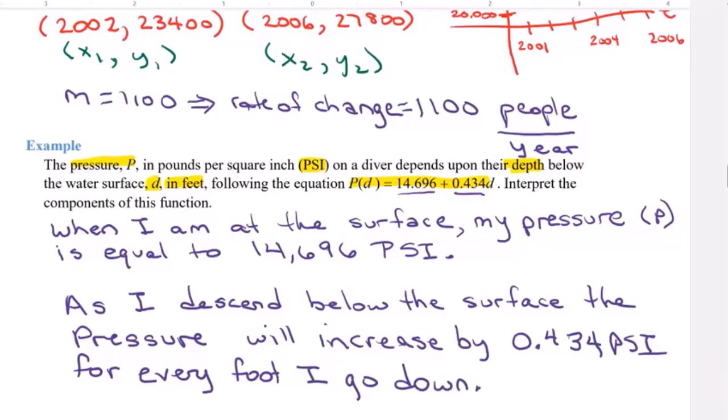Okay, so basically this is what this equation says. It is constant. As I descend, my pressure will constantly increase by this 0.434 PSI. Okay, and that really is exactly what this says.